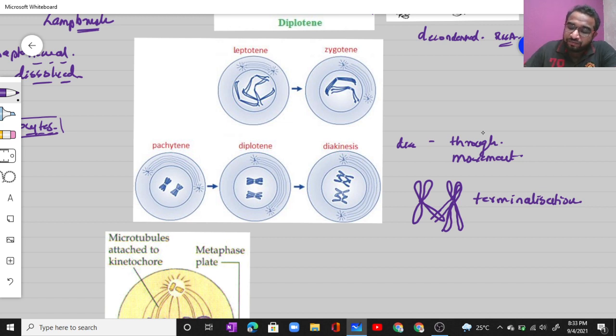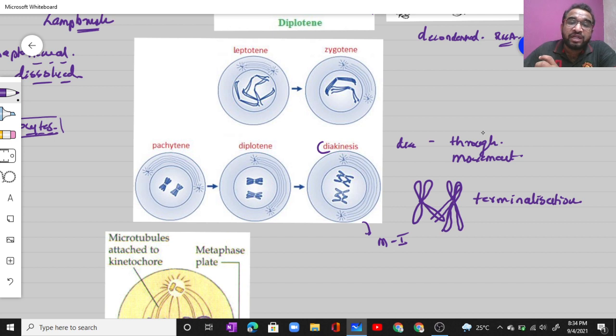Now the diakinesis is over, and the cell is ready to enter the next stage, which is called metaphase 1. We have studied in mitosis that in metaphase all the chromosomes align in the same equatorial plate. But to pull all the chromosomes to the same equatorial plate, the spindle fibers are required.